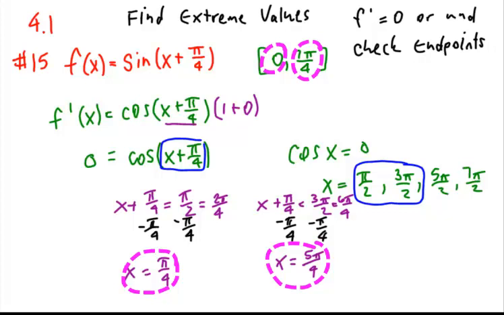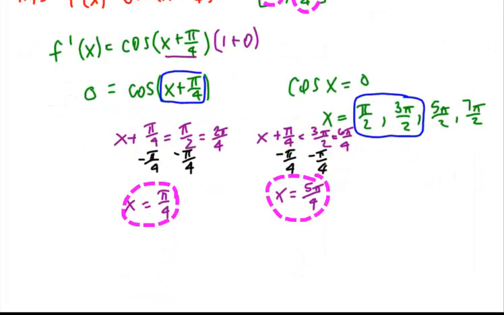It looks like a horribly long process, but it should work out where it's not too painful. So we're going to check f of 0, f of pi over 4, f of 5 pi over 4, and f of 7 pi over 4.